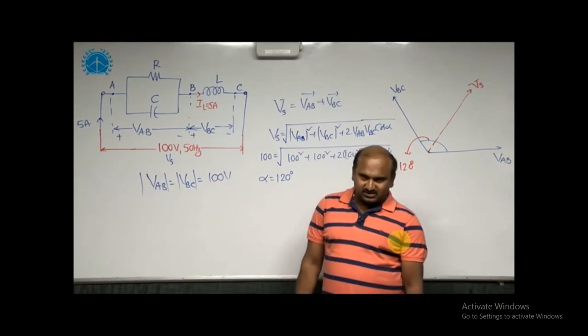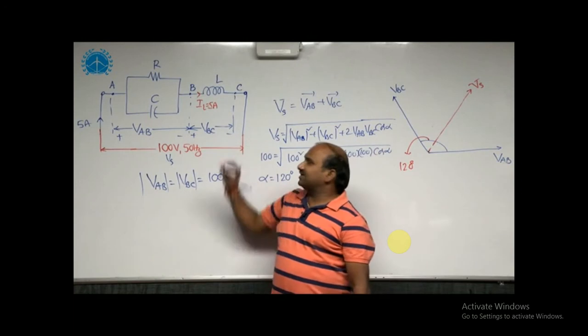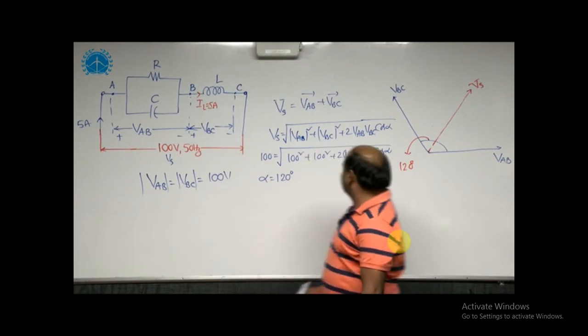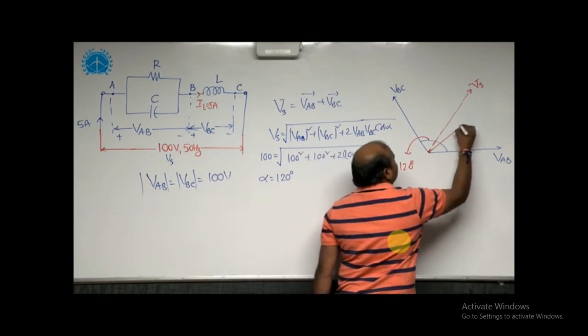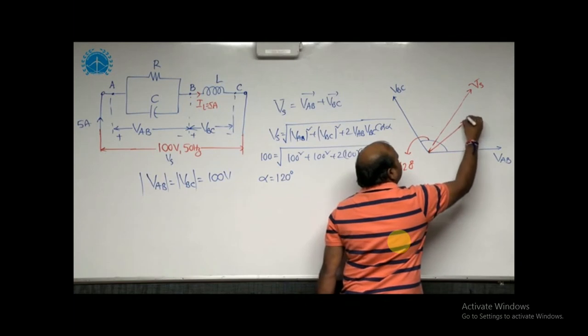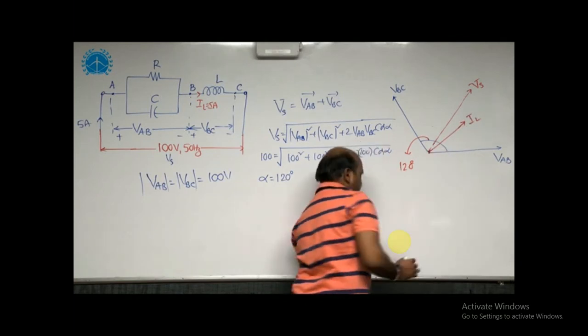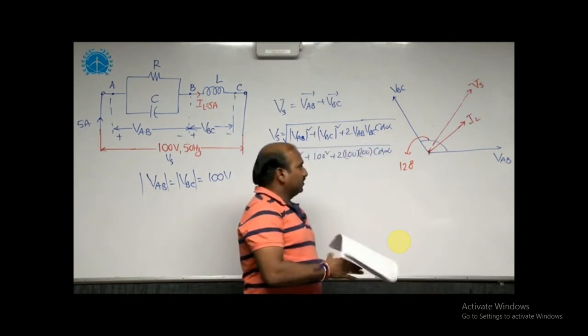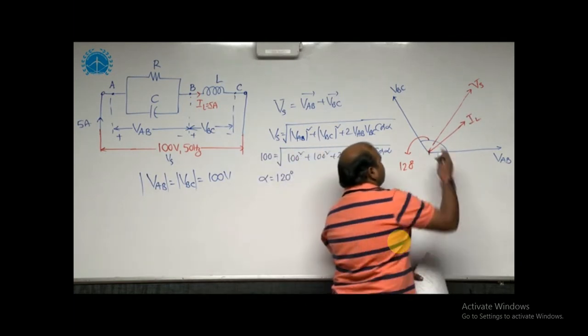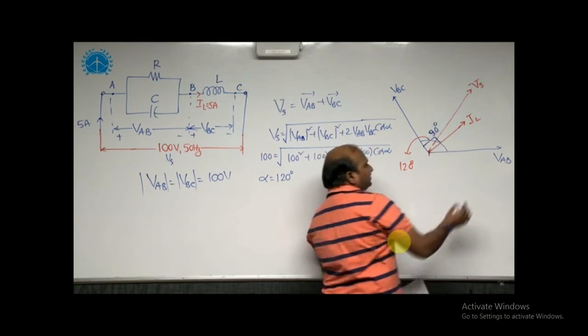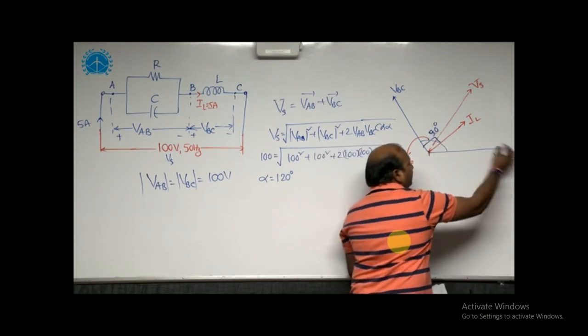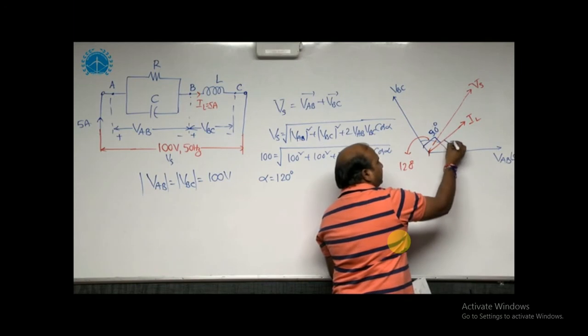That is, current lags voltage by an angle of 90 degrees. Now I can take that here, IL has a 90 degrees phase shift with respect to VBC. Once you take that IL with respect to VBC is 90 degrees, then I can say that the angle between VAB and IL is 30 degrees.